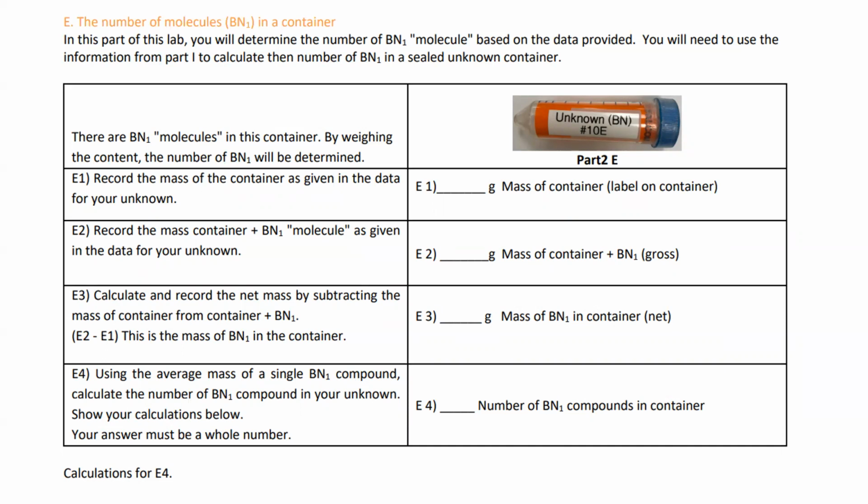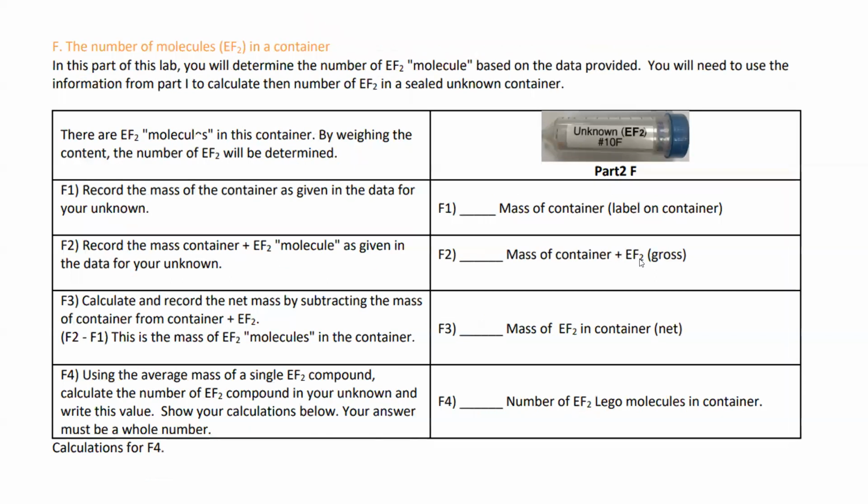So we'll need to take the mass of the container by itself and subtract that from the mass of the container containing the unknown number of BN1 molecules to get the net mass of BN1 molecules in the container. Divide that by the average mass of a BN1 molecule, again found earlier in the experiment, to determine the number of BN1 molecules in the container.